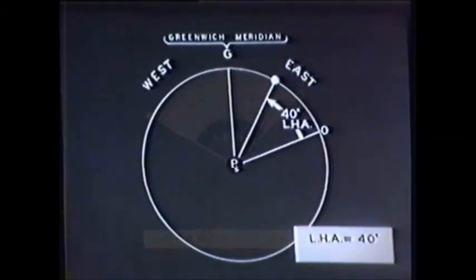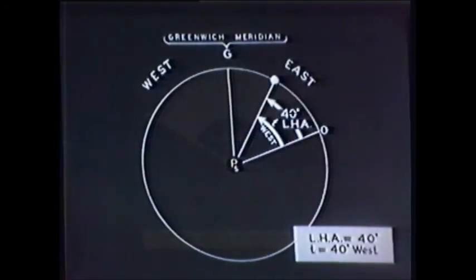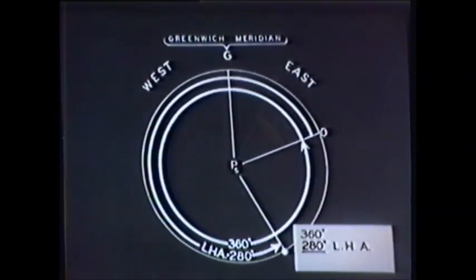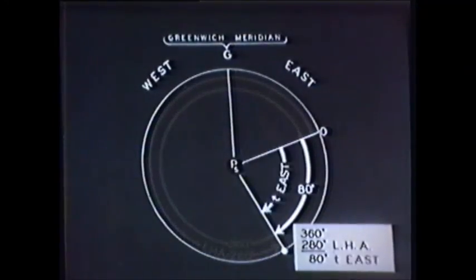Such is the case in the problem illustrated, where the local hour angle was equal to 40 degrees. In this case, T equals 40 degrees, and the name is west. But in the previous problem, LHA equals 280 degrees, and T equals 360 minus 280, or 80 degrees, and its name is, therefore, east.